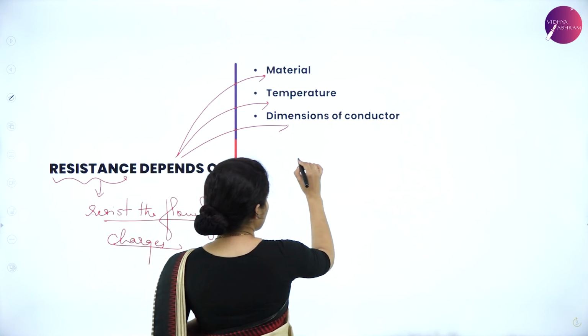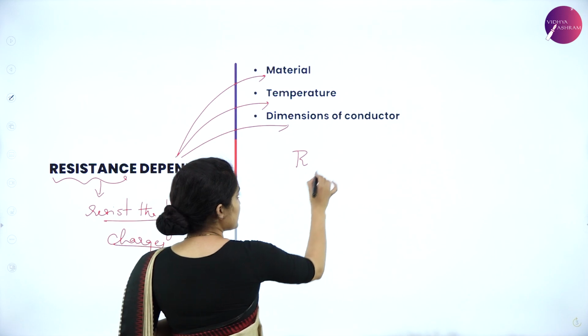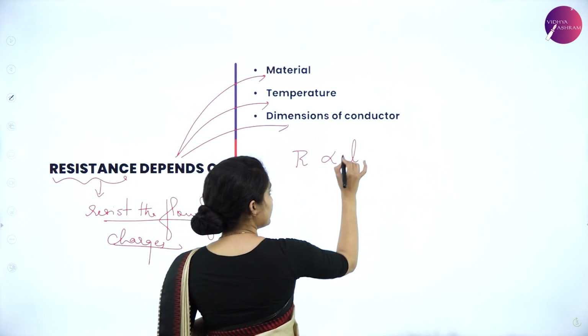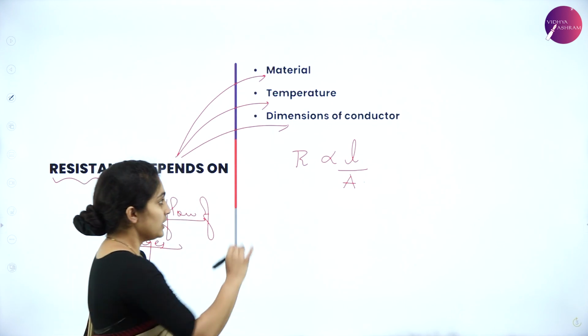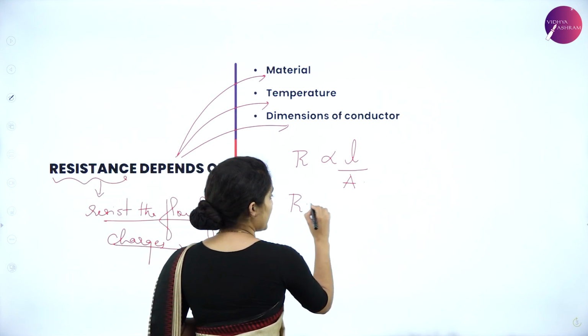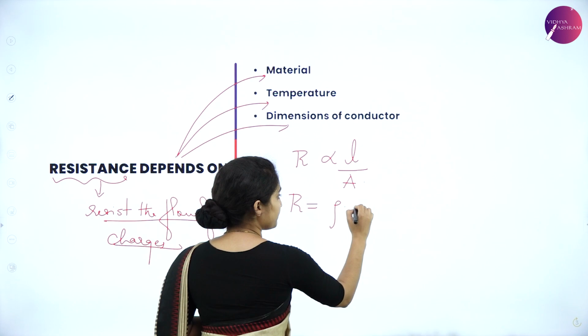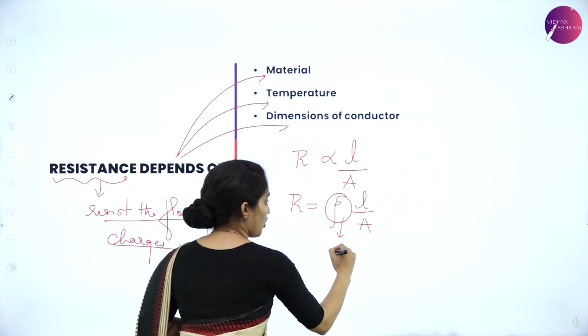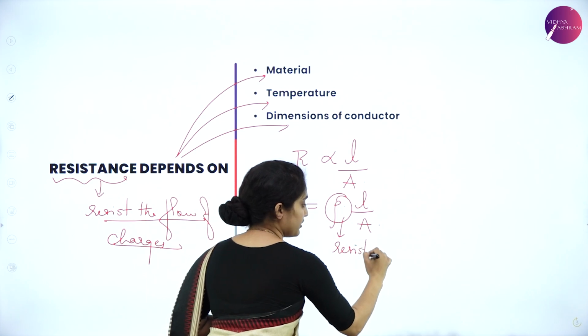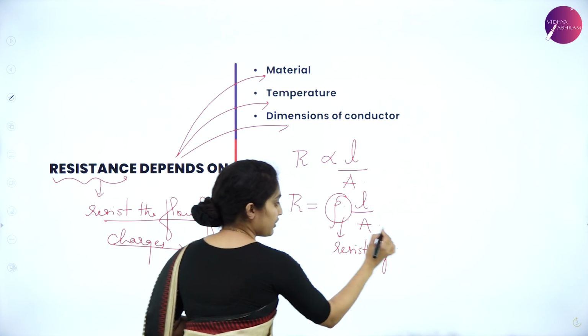According to a certain law, resistance is directly proportional to the length and inversely proportional to the area of a conductor. Again, removing the proportionality constant, we have rho L by A. This rho is also called resistivity. How can you define the resistivity?